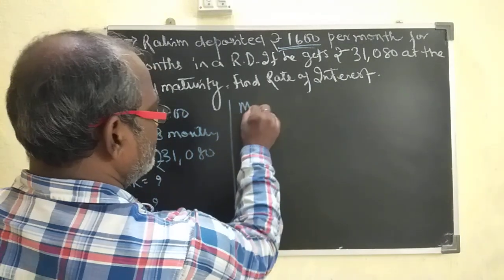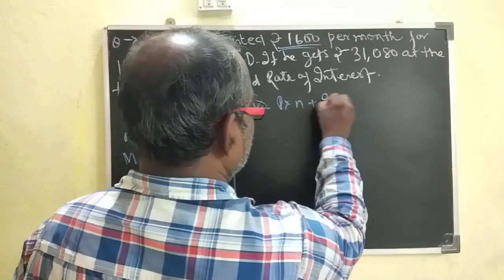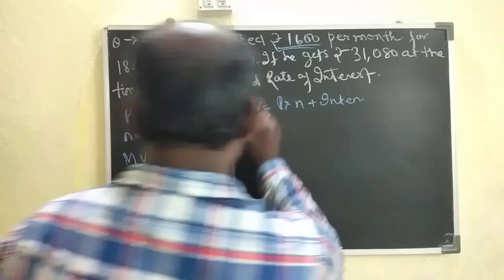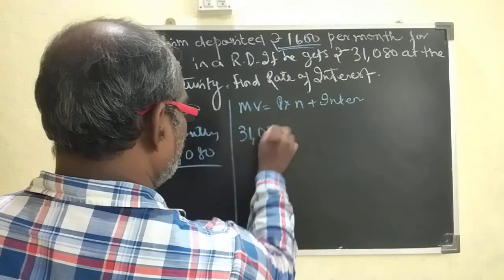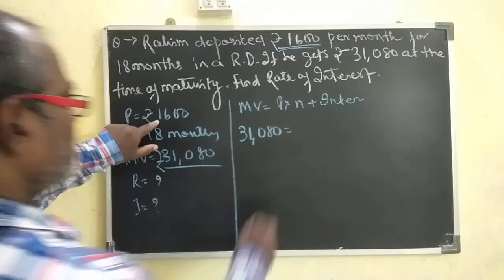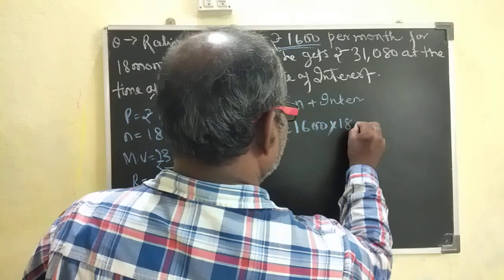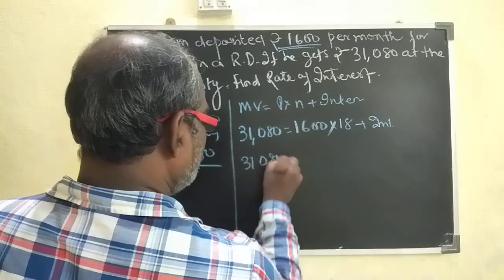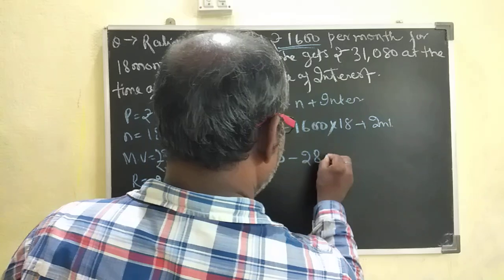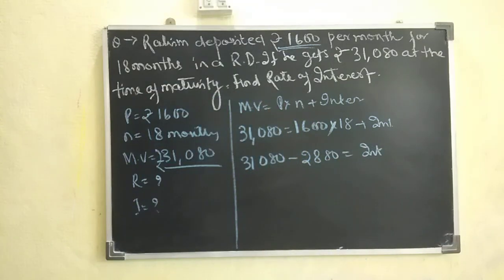With the help of maturity value equals P into N plus interest. Maturity value is given 31080. Here principal is 1600, N is 18 plus interest. So 31080 minus 28800 equals interest.